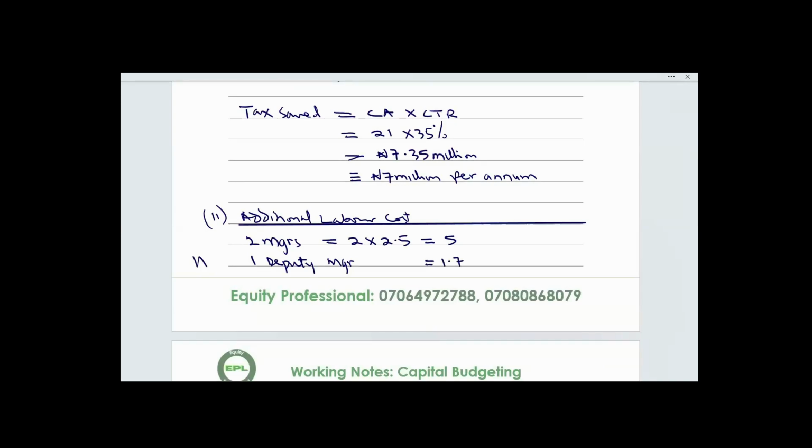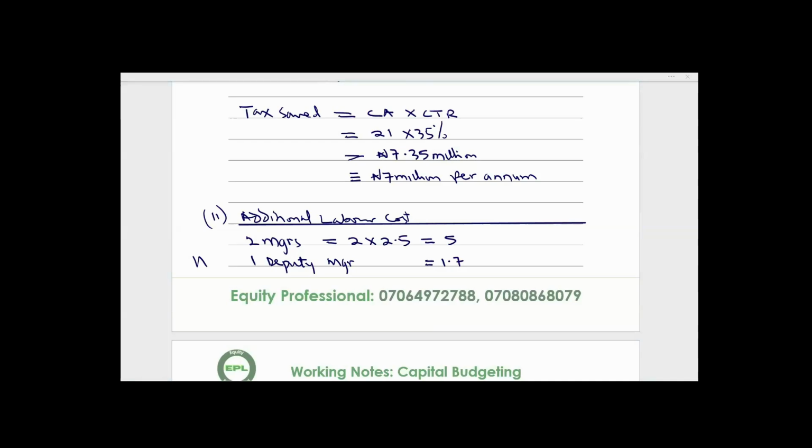The manager that is on salary of 2 million is irrelevant, because whether the company executes this project or not, you have to pay that 2 million. So where the manager is currently working, there will be a vacuum. Since you want to transfer the manager on 2 million naira to another factory, you need to employ a deputy manager.